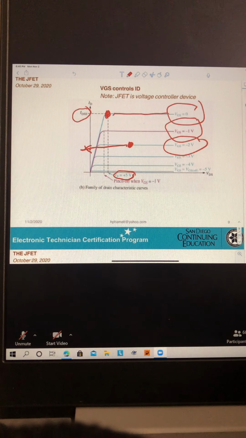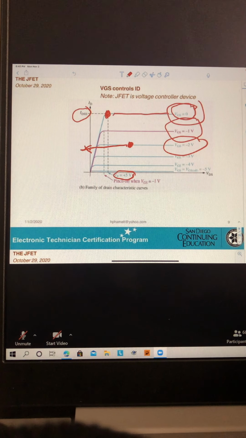And make sure you understand VGS equals 0. So the question is, what is IDSS? The answer is IDSS is the maximum current at VGS equal to 0, or they can say VGS is shorted.